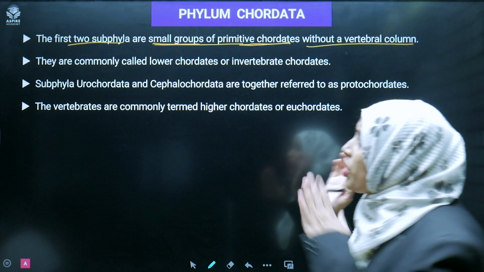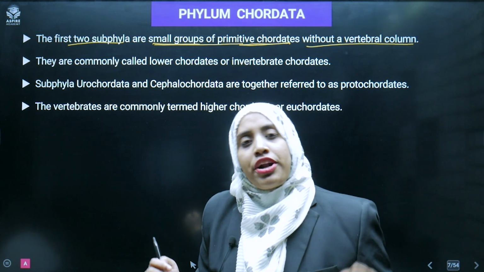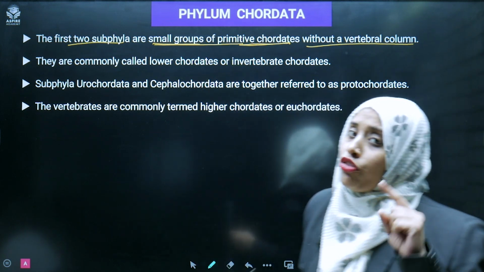So what is the difference between Vertebrata and Urochordata and Cephalochordata? That is all because of the vertebral column.